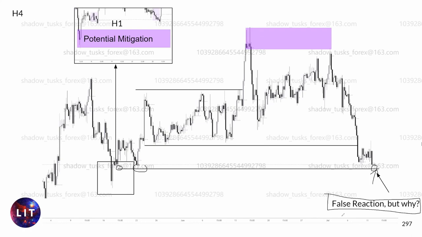And then what you see is on the smaller time frame we have build up, like that, induce high, and then potentially mitigation. And underneath this, we have a potential mitigation to complete our lit cycle to the downside.